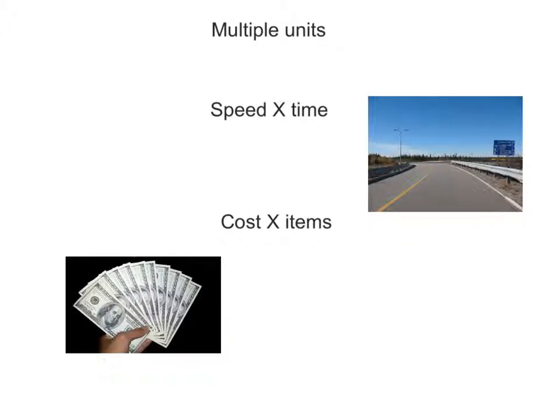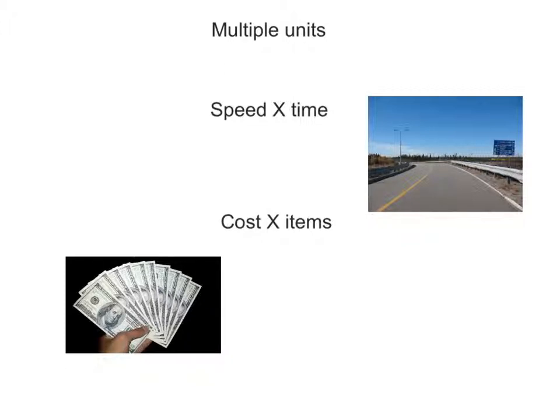So our first example is going to be with multiplying units. So that's trying to find out how many total units there are. So for instance, if you're trying to find out how far you've gone and you already know how fast you're going, what your speed is, like if you're going 60 miles per hour and you have traveled 3 hours, you can just multiply their units.